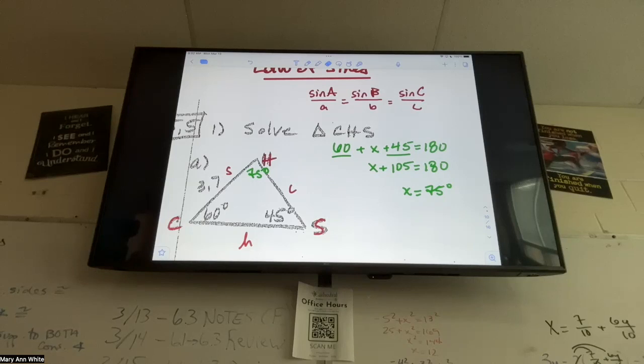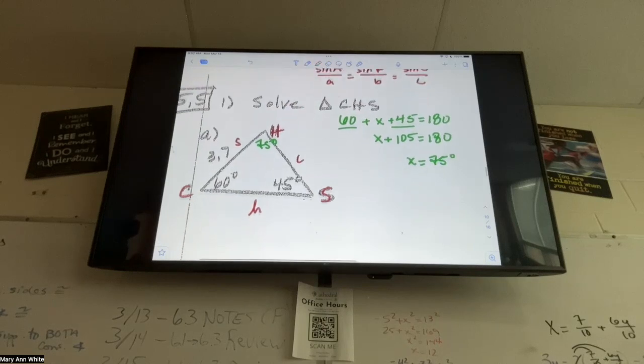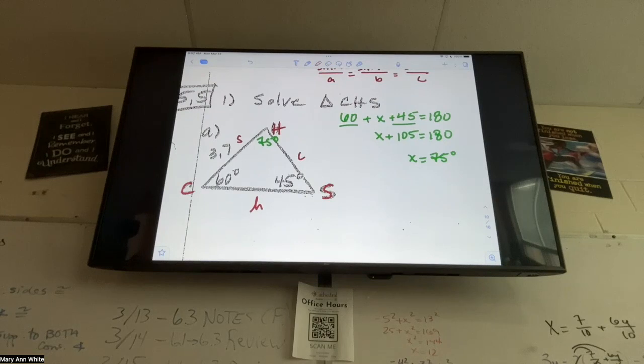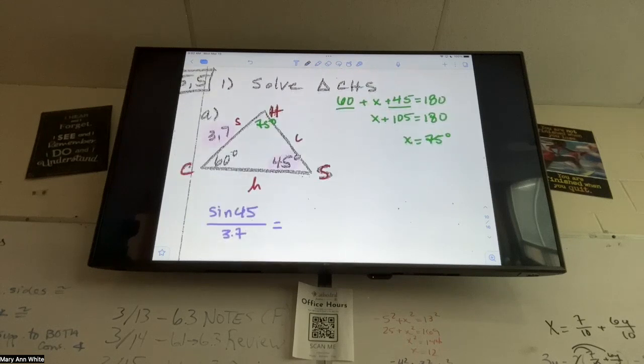The reason I did that is now I have the possibility to do a bunch of different things. We are going to do law of sines now, and I'm going to start with the set where I have both things. So I'm going to say sine of 45 over 3.7 is equal to, and now I could find little c or little h.